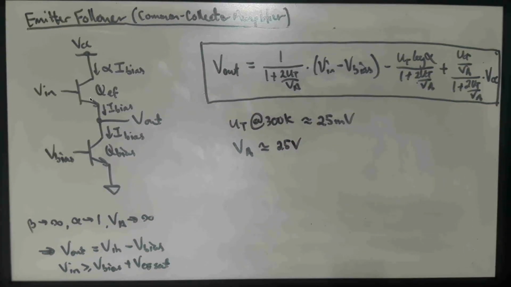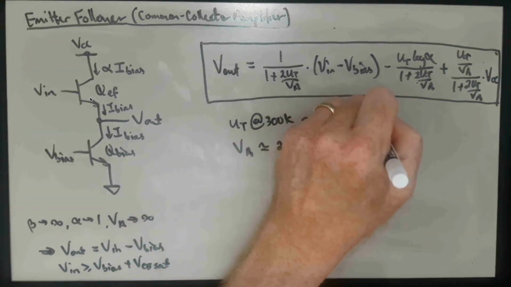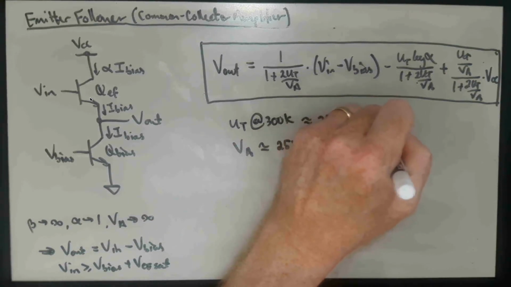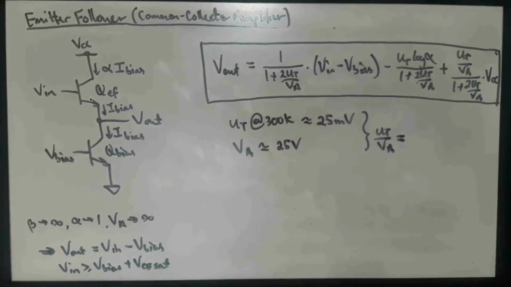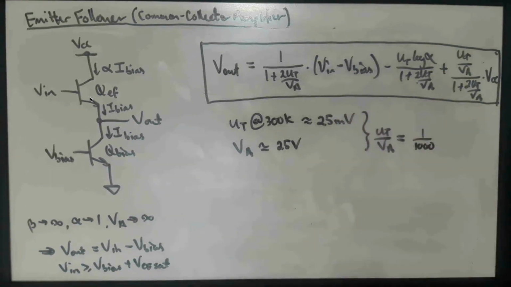That would be a typical number for the early voltage. And so UT over VA would be equal to roughly 1 over 1,000. So 25 millivolts divided by 25 volts would be 1/1000th, so 10 to the minus 3.